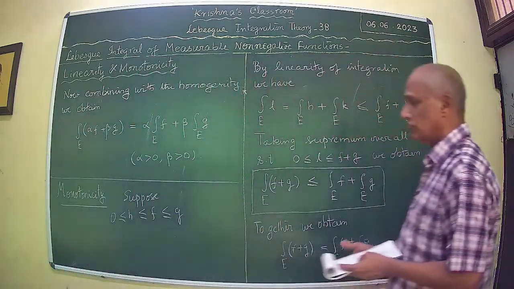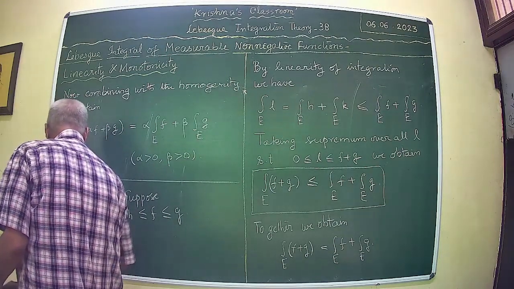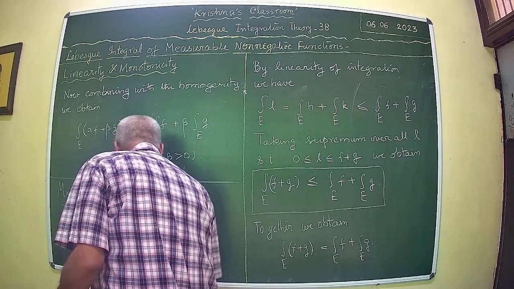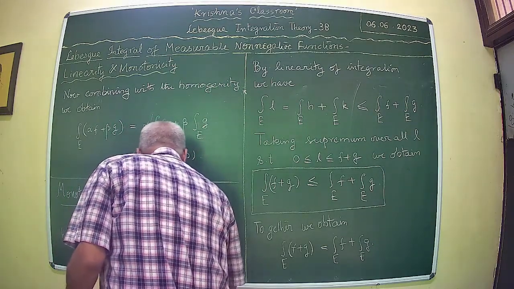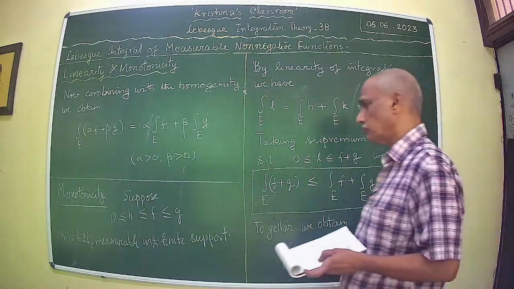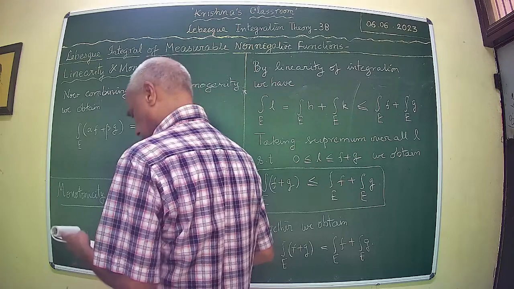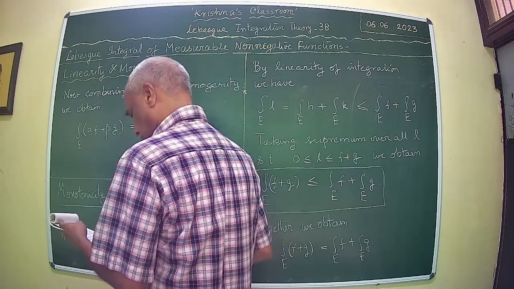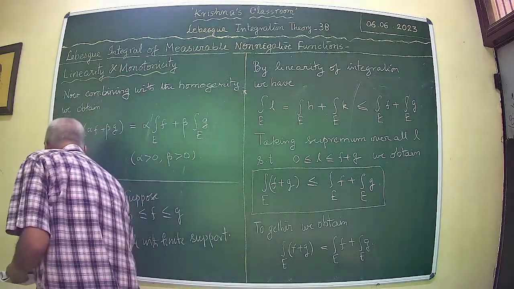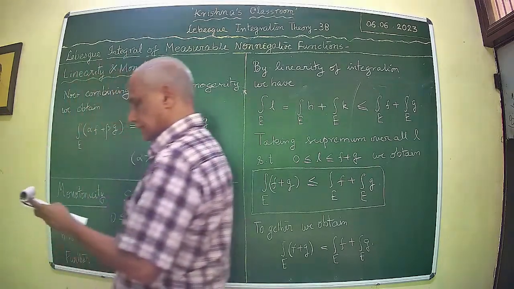Therefore suppose you choose an h which is less than or equal to f, where h is bounded measurable with finite support. Further, h is less than or equal to g.